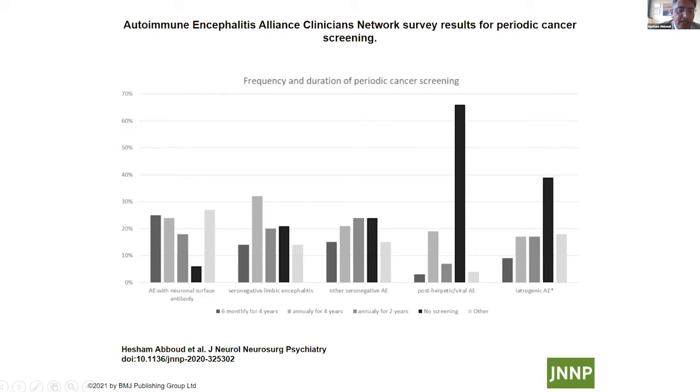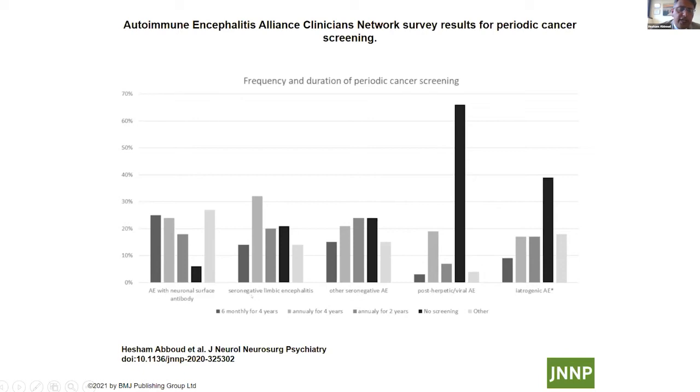You'll see here that most clinicians chose a more individualized approach depending on the type of antibody. We know that some surface antibodies are more strongly linked to cancer, like AMPA and GABA-B, for example. But in general, many clinicians felt that they need to do periodic cancer screening either annually or every 6 months for 4 years, given that cancer is still possible with neuronal surface antibodies, while no screening was not a very popular choice, as you can see here.